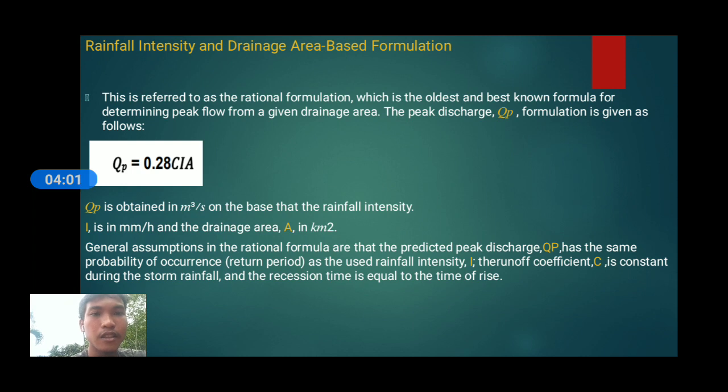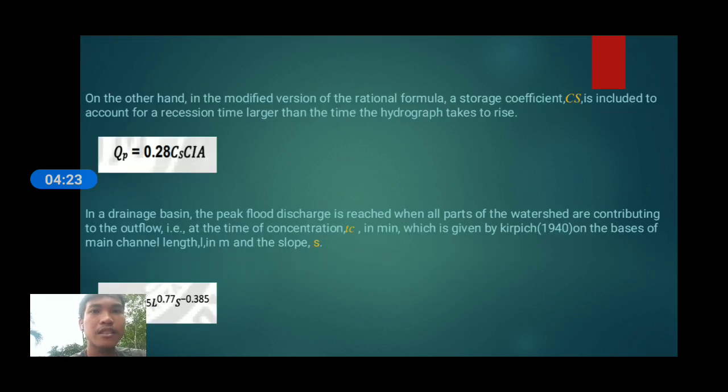The general assumptions in this rational formula are that the predicted peak discharge QP has the same probability of occurrence, or return period, as the rainfall intensity I used. Therefore, coefficient C is constant during the storm rainfall, and precipitation time is equal to the time of rise.